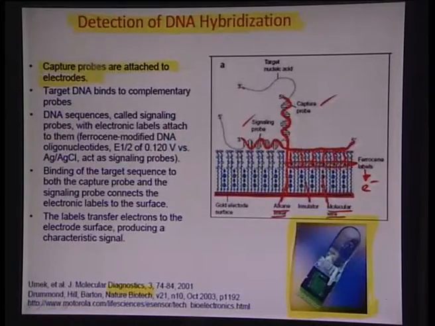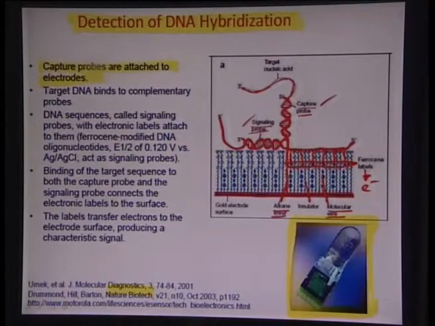So, let us suppose this 3' to 5' molecule here is the target nucleic acid, a single stranded DNA molecule, and it has groups complementary to a portion on the capture probe, okay, and also another portion on the signaling probe. So, essentially it is making the capture probe and the signaling probe kind of one integral by binding halfway through the capture probe and halfway through the signaling probe.